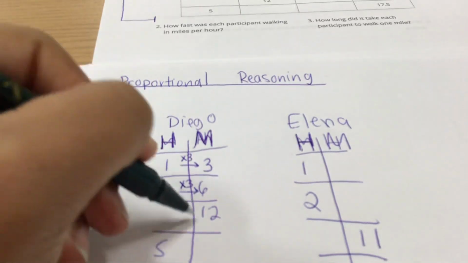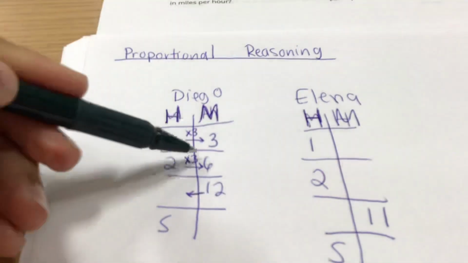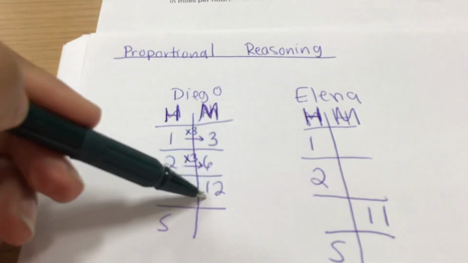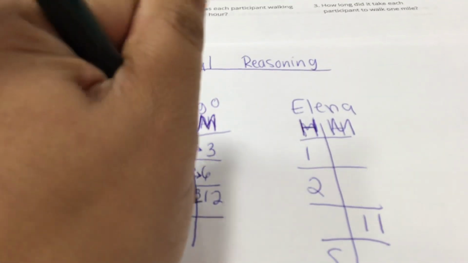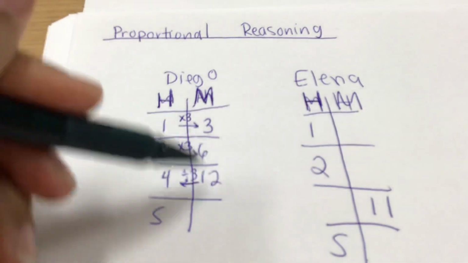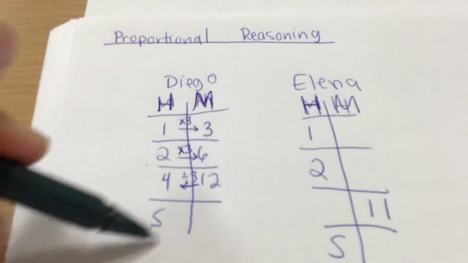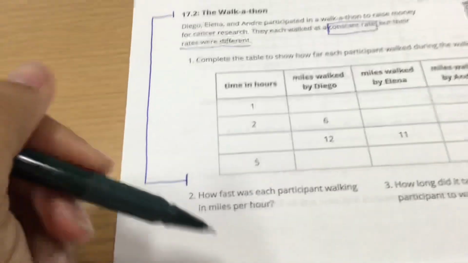And then that also helps me solve this because I know if he's walking at a constant speed that is 3 miles per hour, 12 divided by 3 is going to tell me he was walking for 4 hours here. Key thing to take from this is that this part of the chart is the same for all 3 of their charts. That's why there's only one of them here.